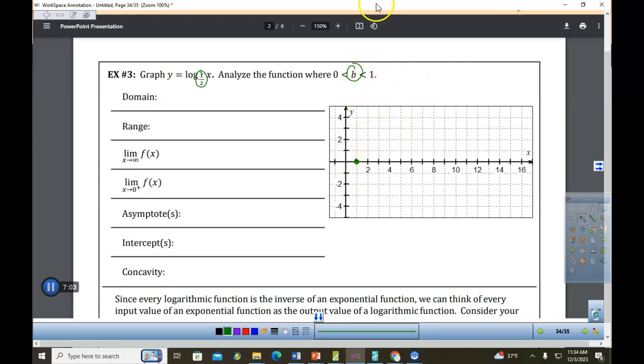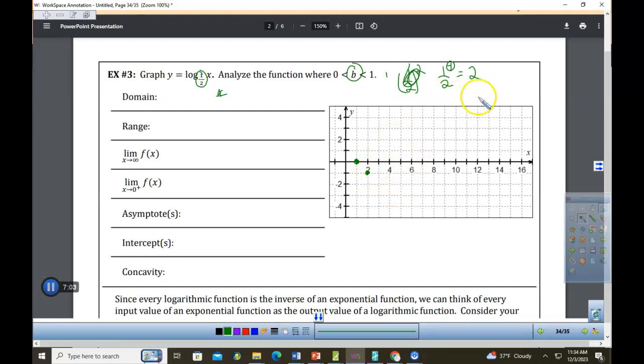So now what I've got to think about is when I plug in 2, 1/2 to what power equals 2? Well, -1, right? Because I've got to plug in those negatives to flip it.